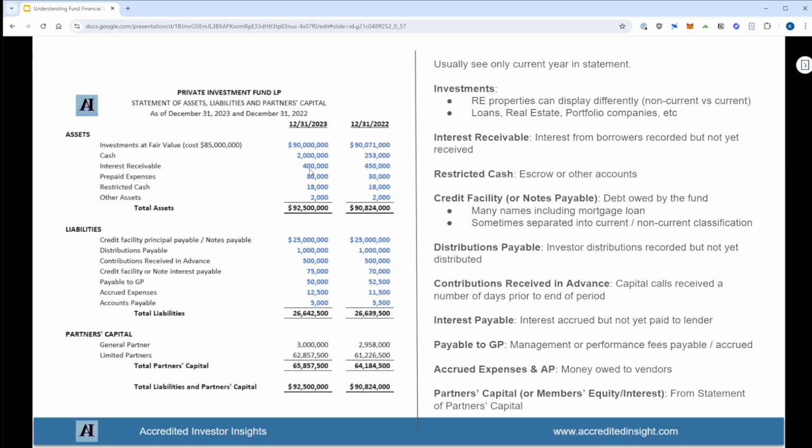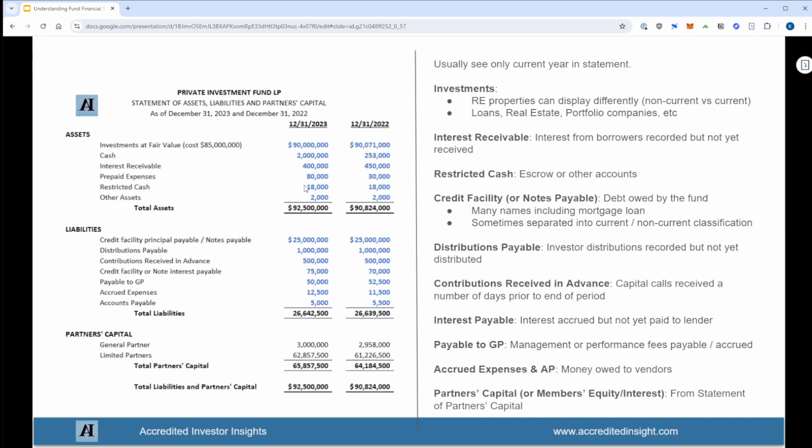So this is due from borrowers, but not yet received. They're not necessarily past due, but they're just recorded already. And a couple lines down, you have restricted cash, which is also a part of the cash classification for the cash flow statement. And those are things like escrow, a lender may require escrow for a mortgage loan, things like that. Reserves required by the lender. So you'll see those under restricted cash or some similar name.